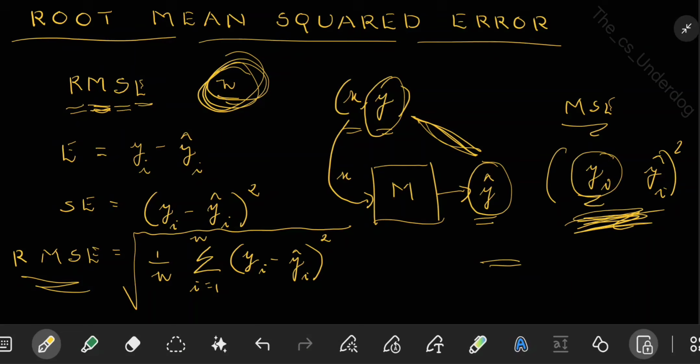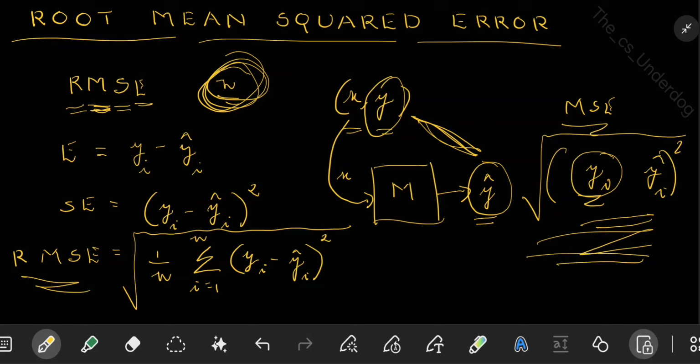So interpretation becomes difficult. If you simply interpret the error, that interpretation becomes difficult when it is not in the original unit. So instead, when you take a root of that, that is, you squared it, then you took the square root, that means you are back to the original units. So the biggest advantage of using RMSE is that the final output is always in original units.